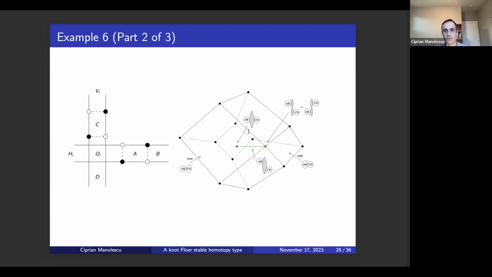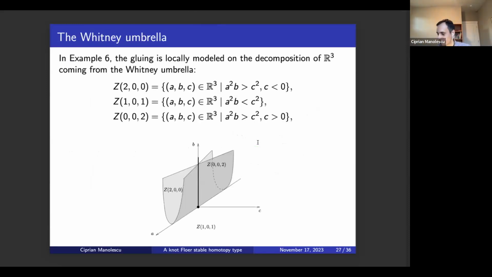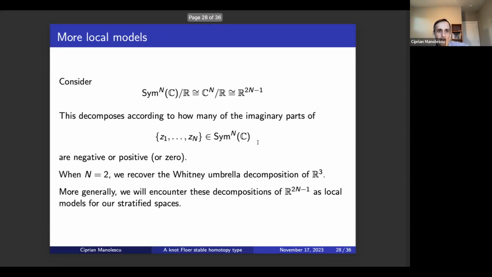Basically, in the Gromov compactification, when two bubbles happen at the same point, you have some new stratum of the same dimension. But anyway, this is our model, which is simpler than what happens in reality. All right, so in general, we're going to consider configurations of disk bubbles, and we just keep track of the relative heights. And the model for gluing them together is going to be some generalization of the Whitney umbrella.